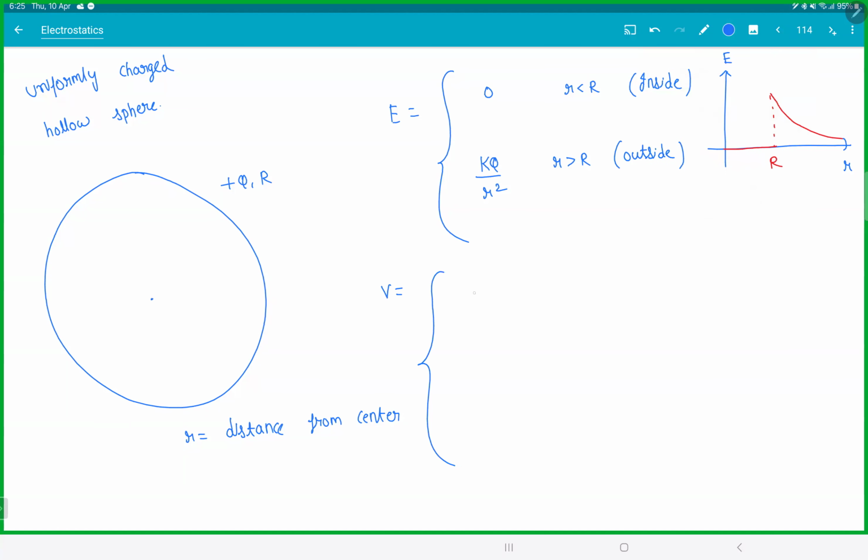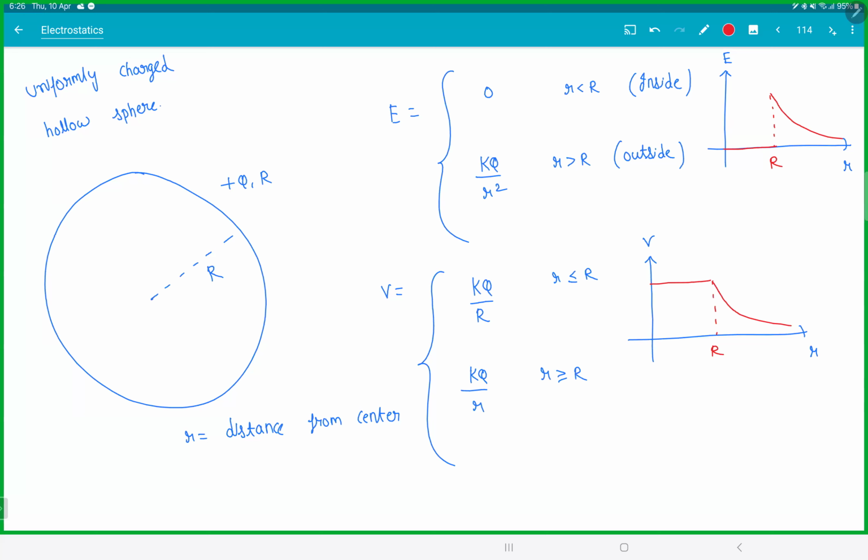Similarly, the potential inside is kq by capital R. Remember, R is the radius of the shell. So inside, it is constant. And for outside, r greater than R, it behaves like a point charge at the center. So if you try to plot the potential versus r graph, it will be constant for some time, till the radius R here, and then it drops. Check out the graphs. Put it down.